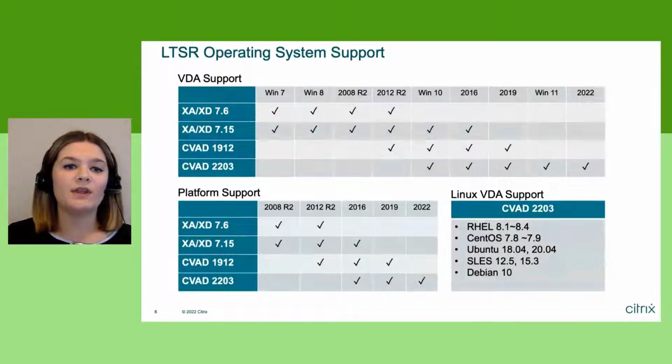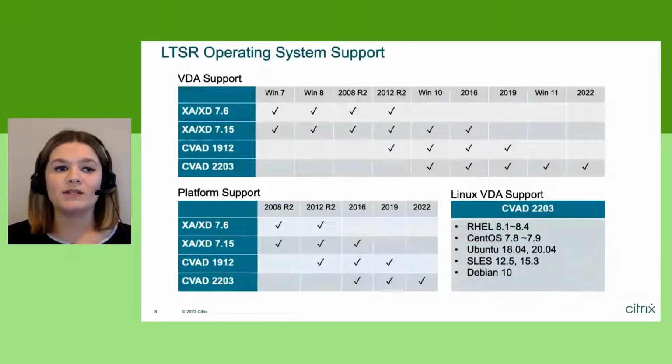So just be mindful here that you'll need to upgrade your server or VDAs first before moving to the newest LTSR. And then also we showcase on the bottom right here what Linux VDA versions we also support. So a lot of great stuff, and we've added Windows 11 and Server 2022 support in the 2203 LTSR.